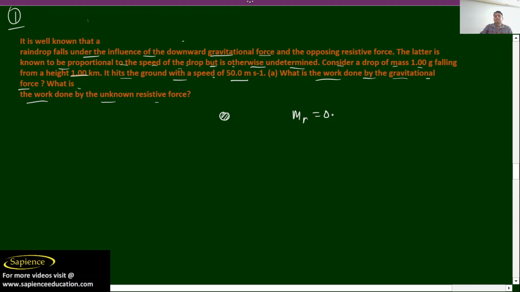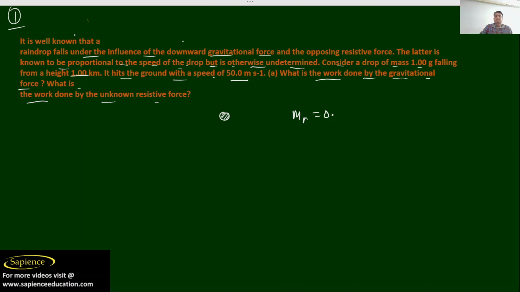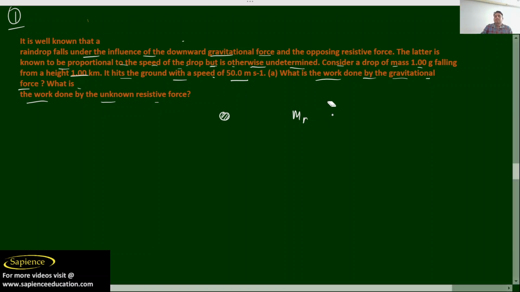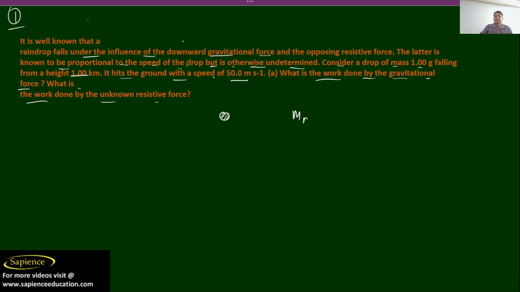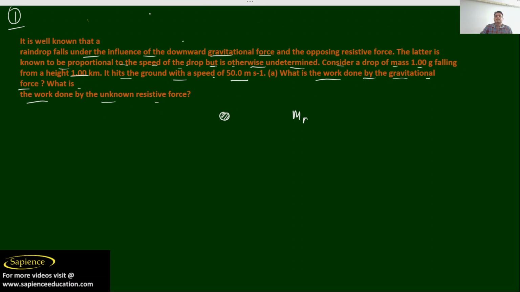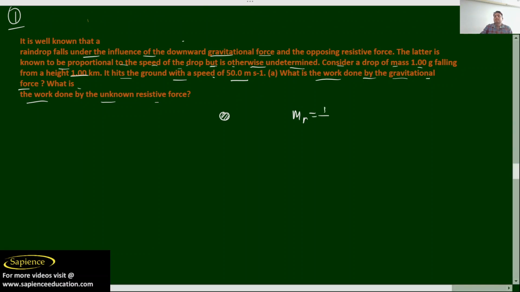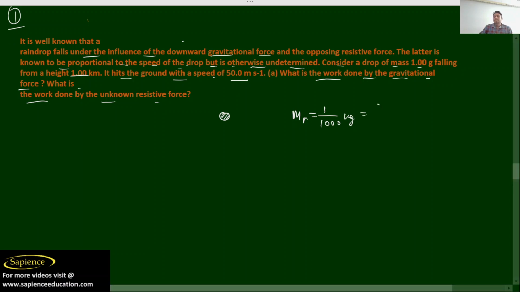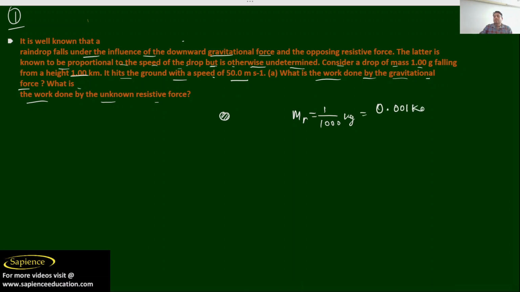I can convert it into kg. So how will I convert it into kg? The mass of the raindrop is equal to 1 by 1000 kg, so this will be 0.001 kg.